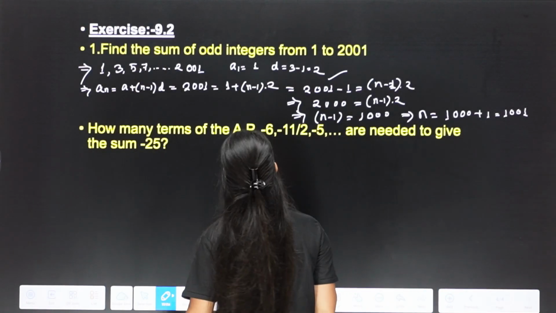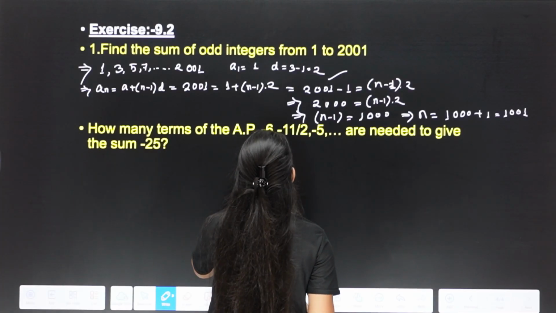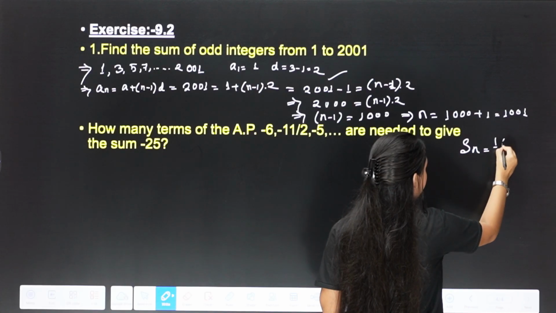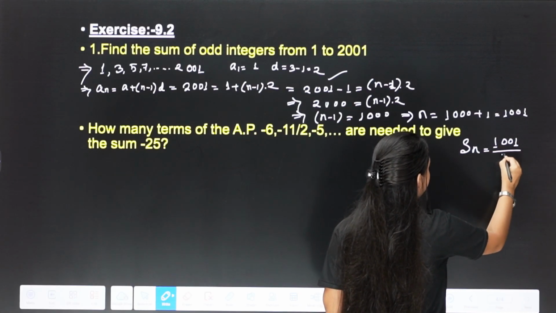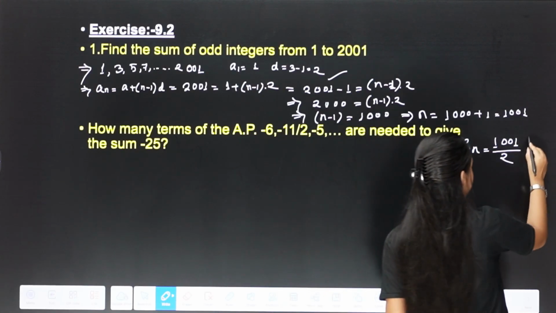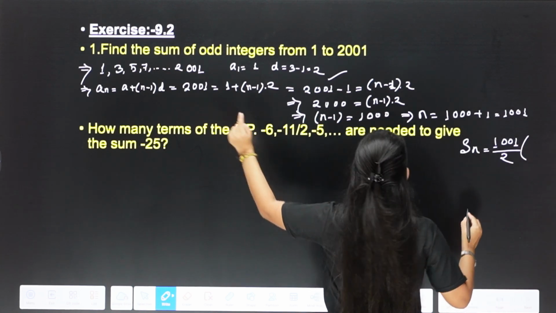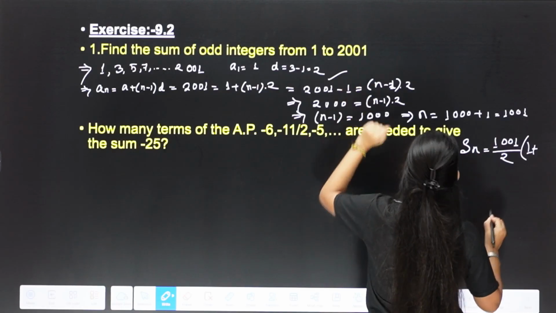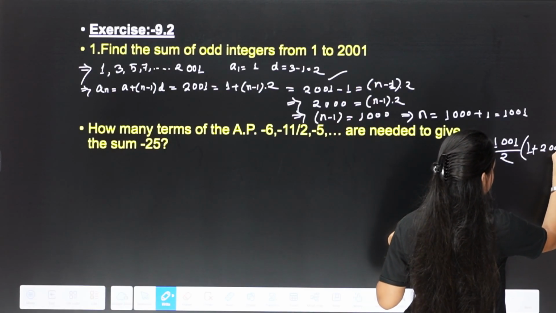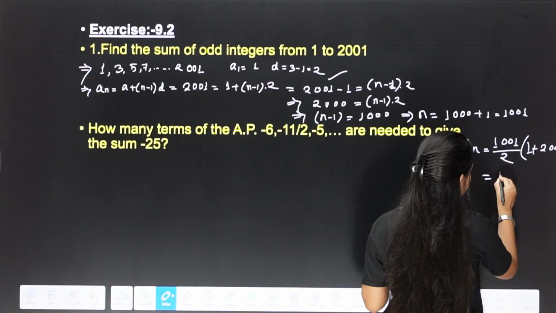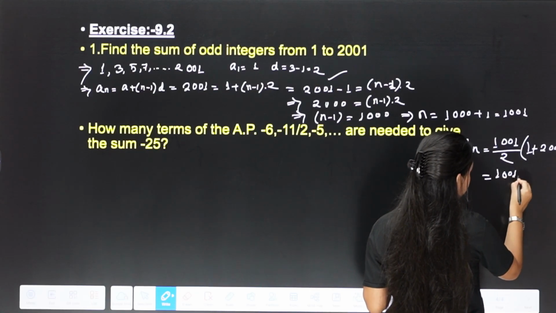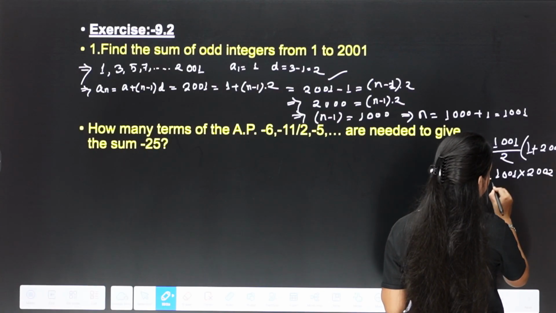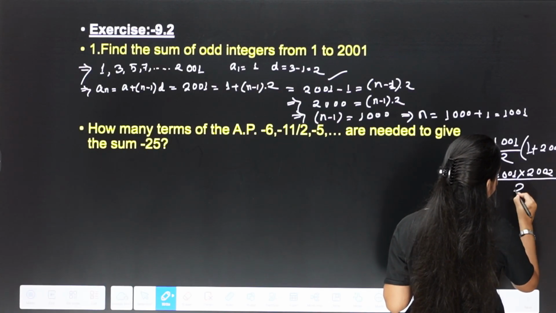Then what will be the sum of odd integers, that is Sn. Sn is equal to 1001 by 2 into first term. What is first term? First term is 1 plus what is last term? That is 2001. Then into 2002 divided by 2.